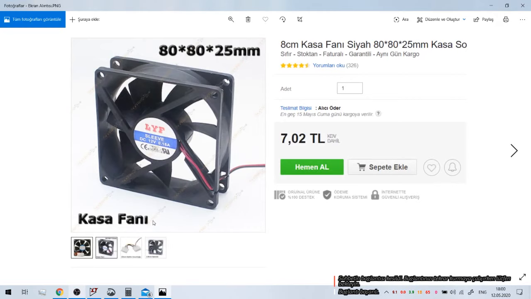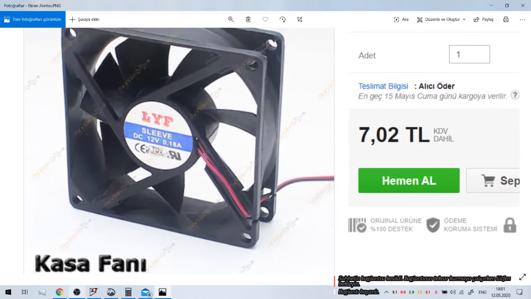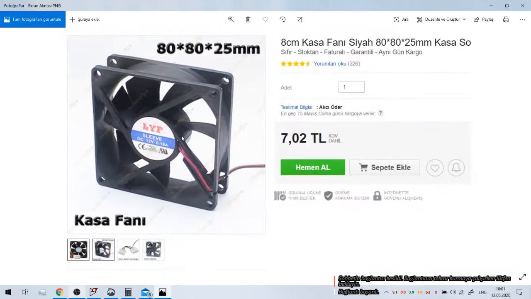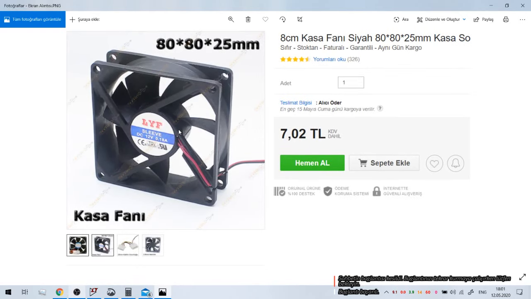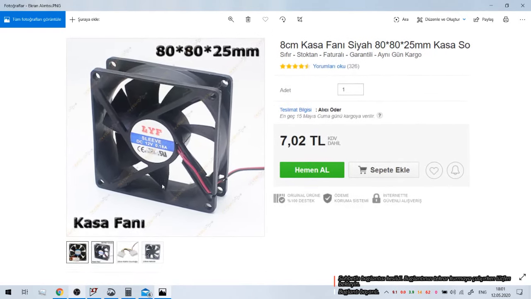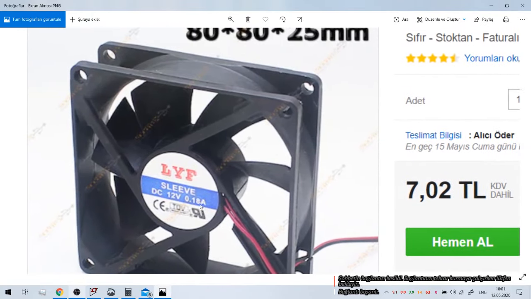Sorry. Yes, this is the fan which I bought, and this is also a PC case fan, 8 centimeter, and 2.5 centimeter in depth. The manufacturers say it is not the best case fan.